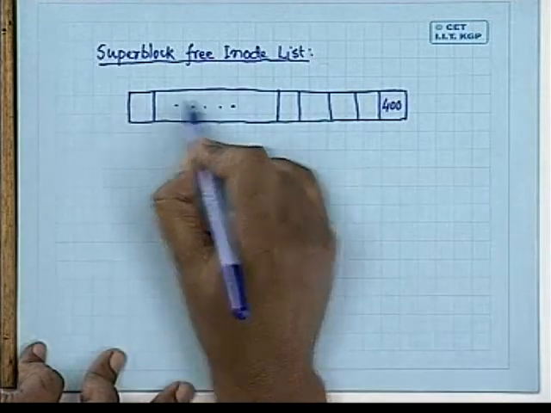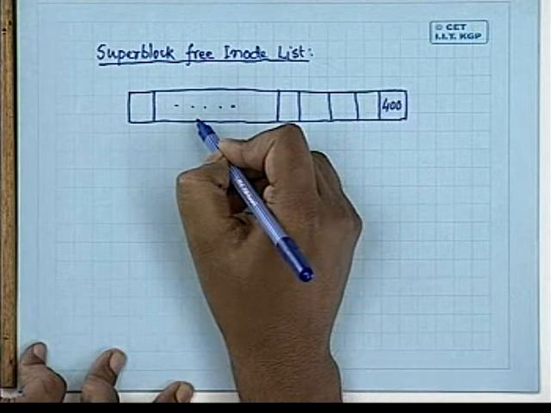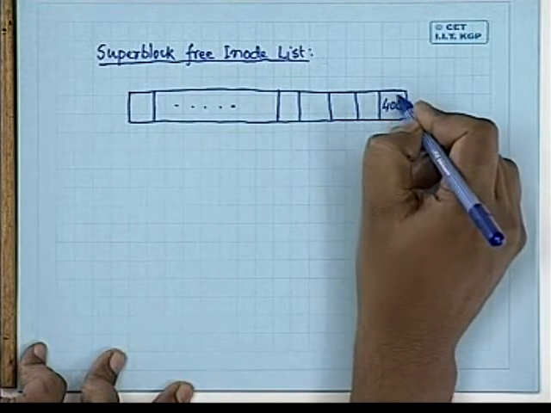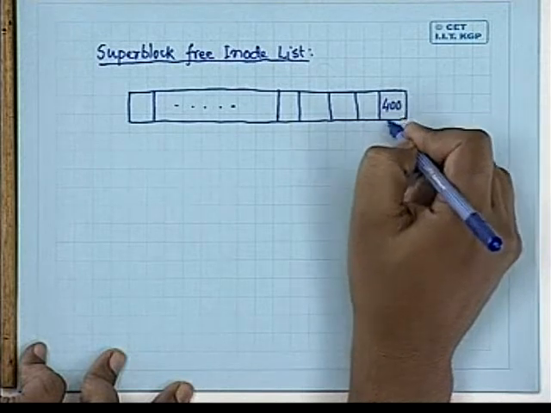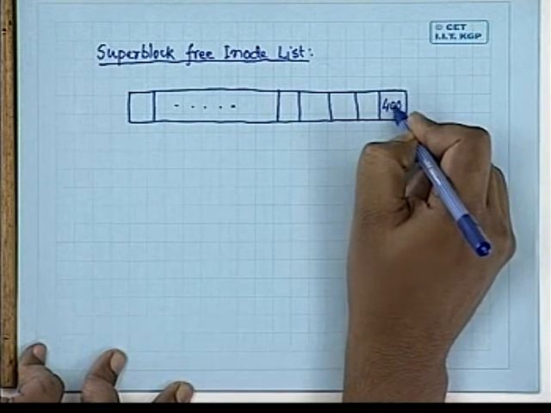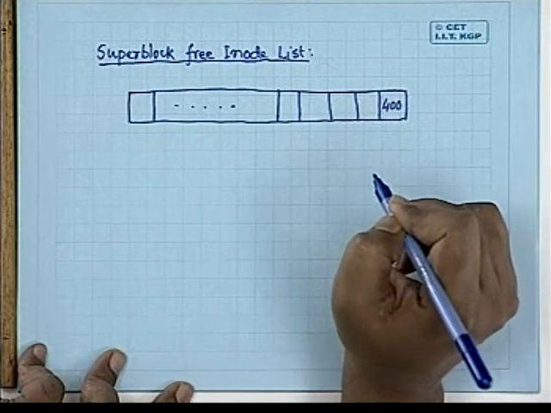Okay. So the superblock free inode list will contain a list of such numbers in such a way that out of this, the first inode number which is to be allocated, or if I say that this is the head of the list, will usually contain the minimum numbered inode indication.